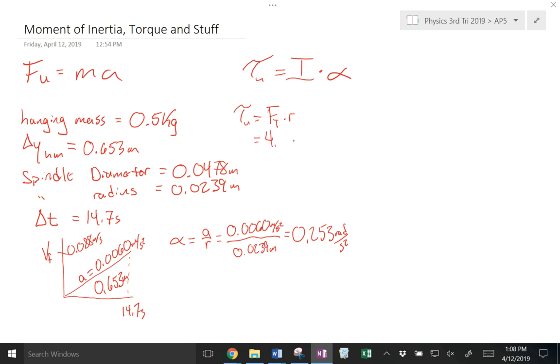What did you guys have for tension? 4.89-ish. And then you can find the circular acceleration by doing that. Then you divide it by the radius. It was really confusing, a lot easier now.